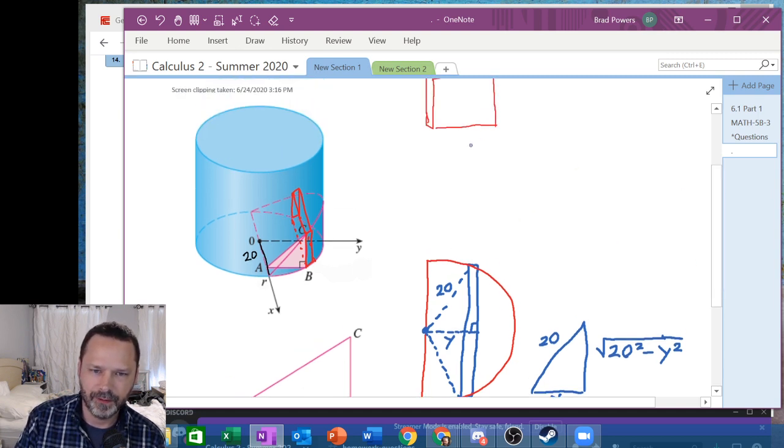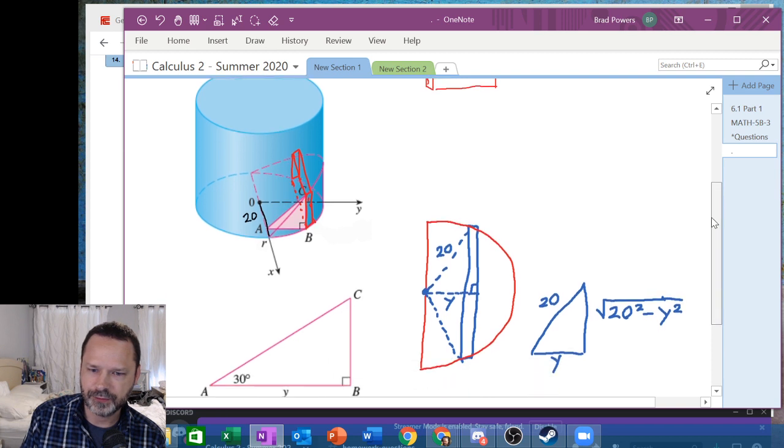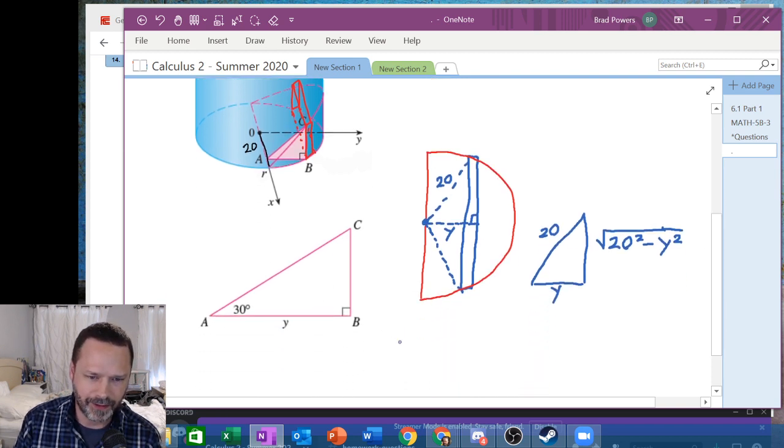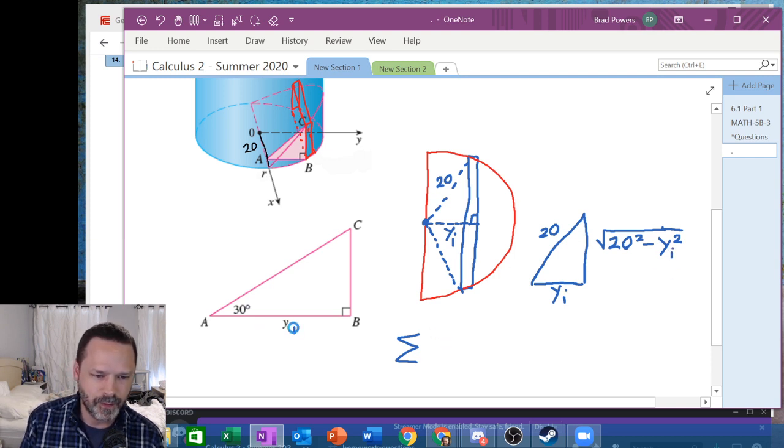Okay, so we're setting it up. Now, if each rectangle, let's call it R, I'm going to sum up the areas of all these rectangles. And right now, let's say this is y sub i, because the y is what's changing. This y is going to change each time. So I want to add up all the areas of all these rectangles.